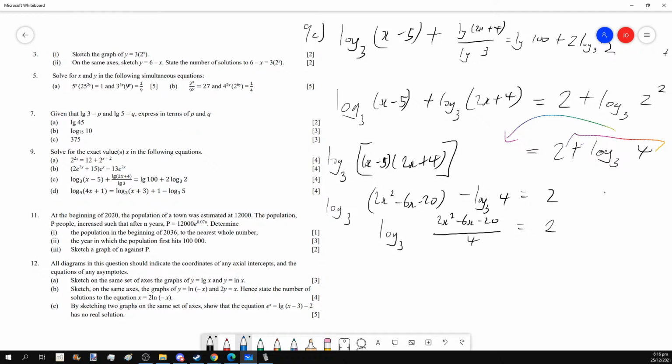Right, and from here we can then convert it from logarithm form into exponential form, like so.